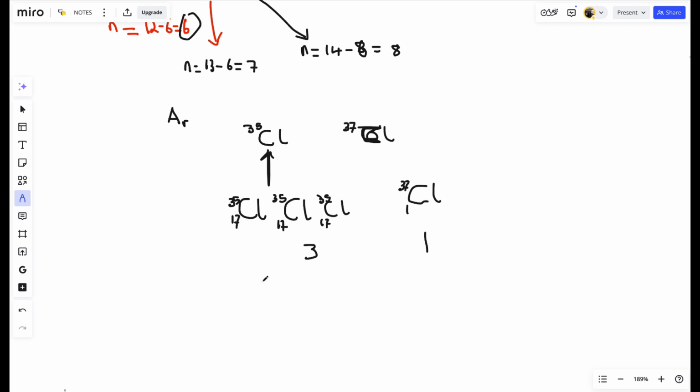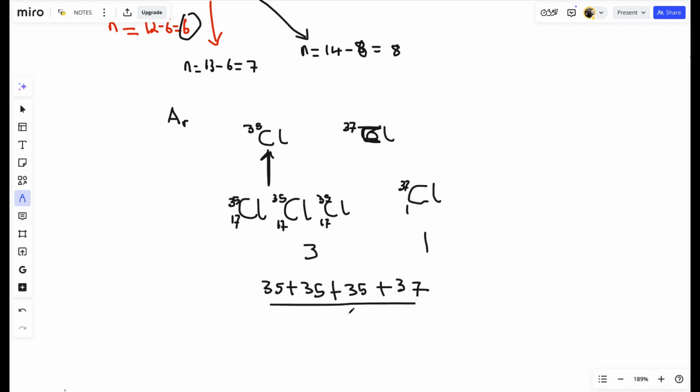You can do it this way, but the way that I prefer is to use the percentage of abundance. So 35 plus 35, we get 70, plus another 35, we get 105. Then 105 plus 37. We do this if we want to find the average mass, because they have a ratio.